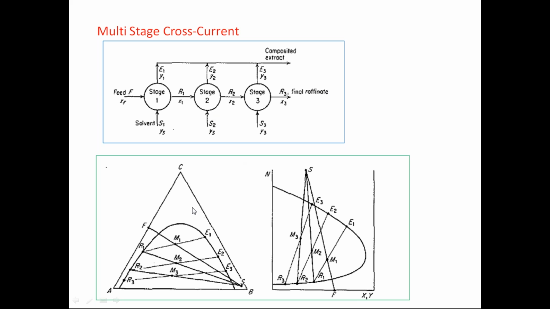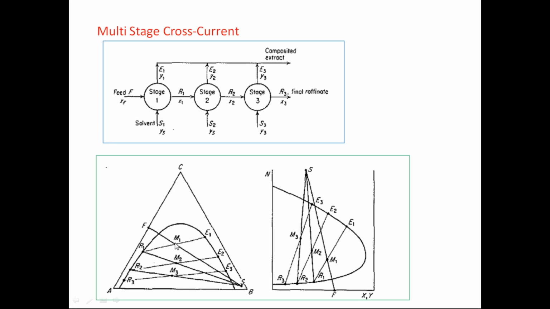In a similar way to what you have done, F and S are added as feed in the first stage. Then you will find out the mixture composition xm1.